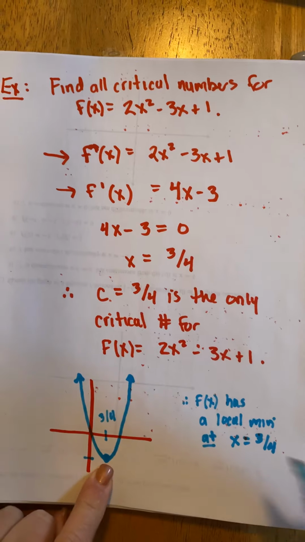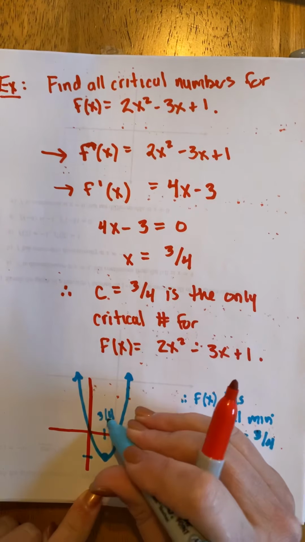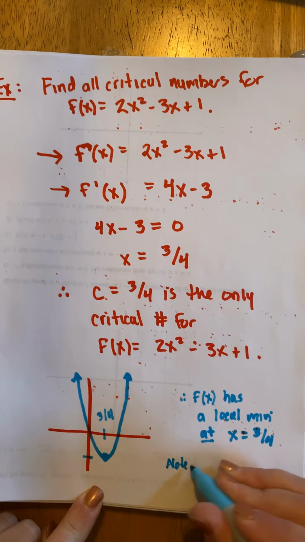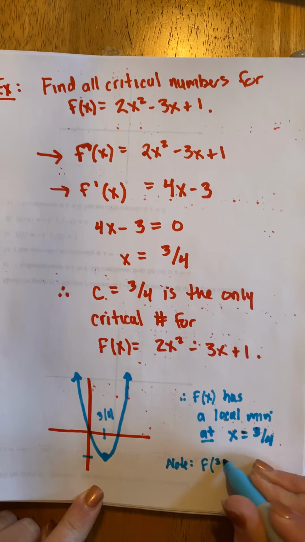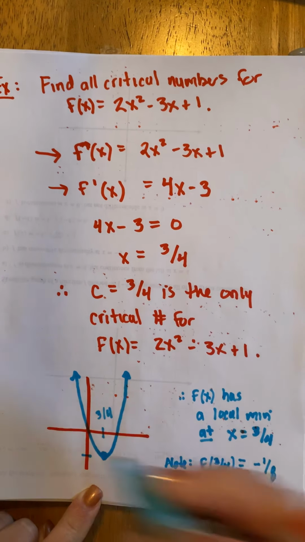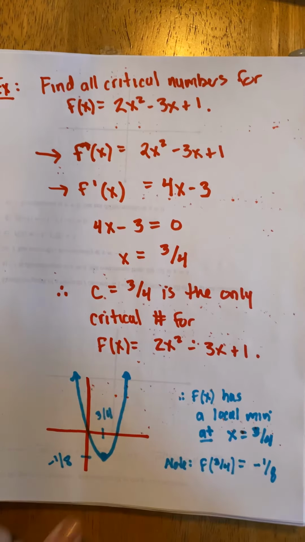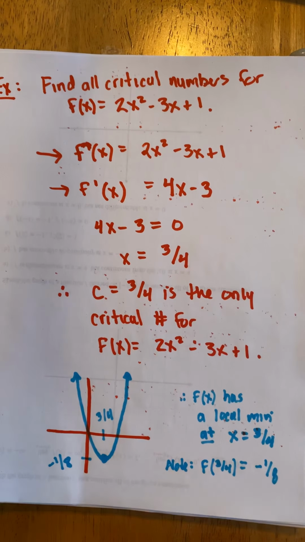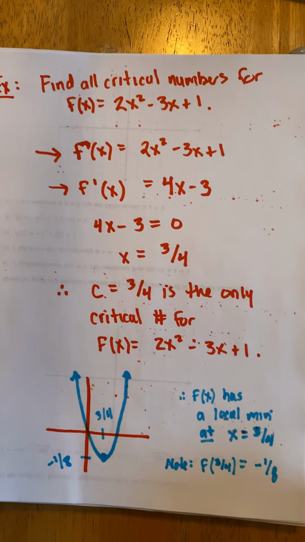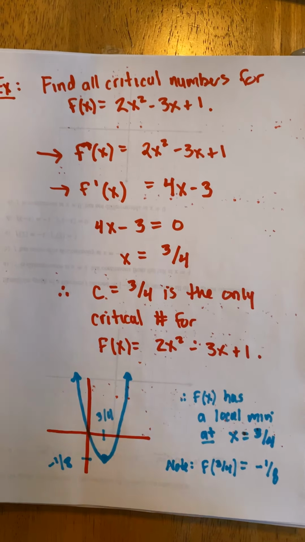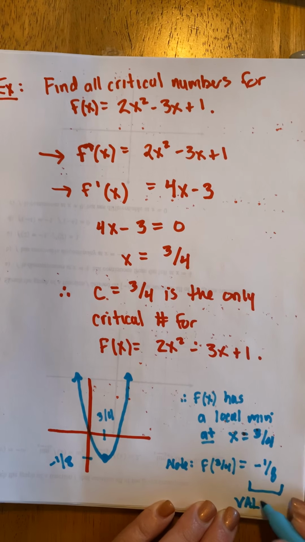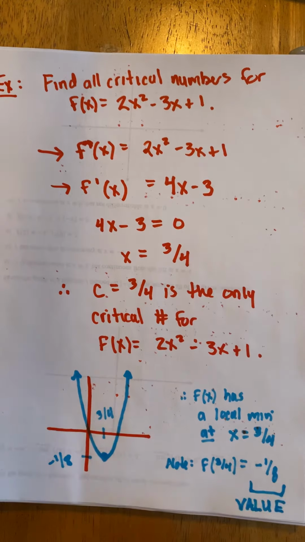Now I emphasize this because if I wanted to know the output here, I would put 3/4 back into the original problem. And if you put 3/4 back into this original problem, if I did my math correctly, it comes out to be -1/8. And this is important because sometimes the question says, where does the local max or min occur? Sometimes it asks what the value is. Anytime it asks for the value, it's asking for the output.